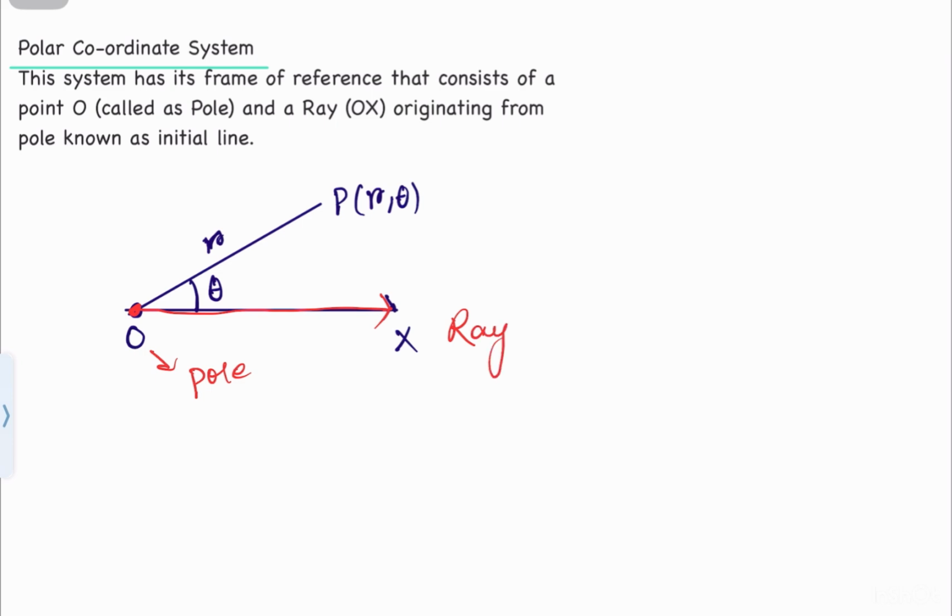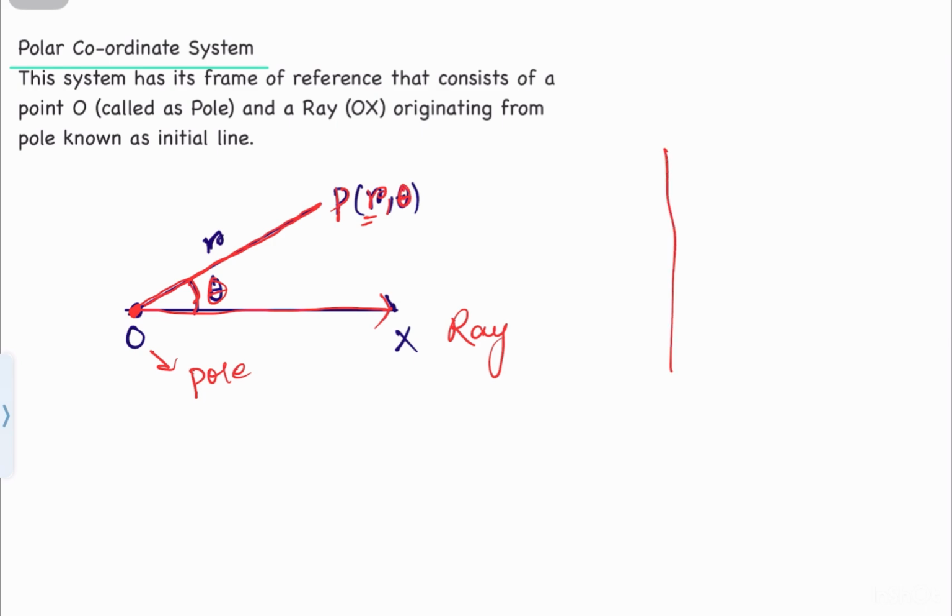Then in this coordinate system, if I want to give the coordinate value of a point P, assume P is any point, how to give the coordinate of that point? This is called r comma theta. How? This length from O to P is r, and whatever angle it makes with the ray, that is theta.